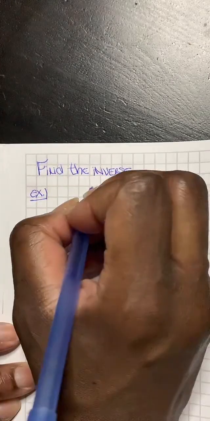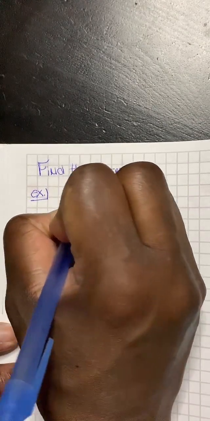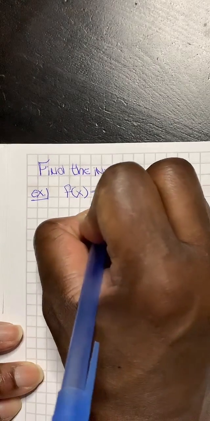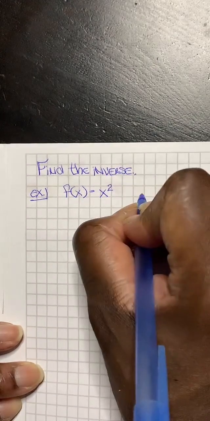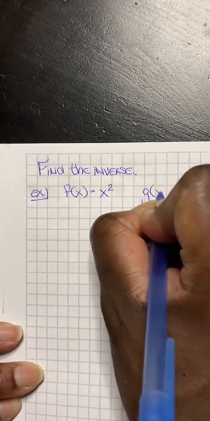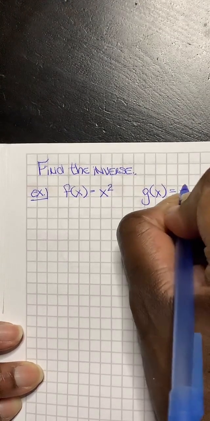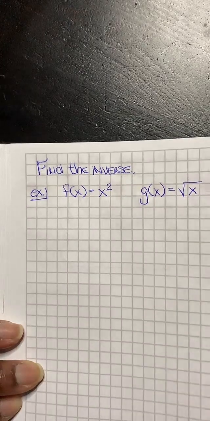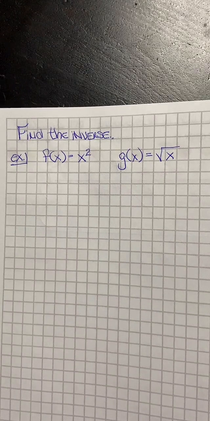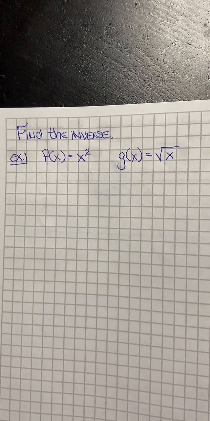So, for an example, if I had the f function was equal to x squared, and the g function represents the square root of x. In order for me to find the inverse, I have to substitute, or to verify inverses, but we're going to try to find the inverse.